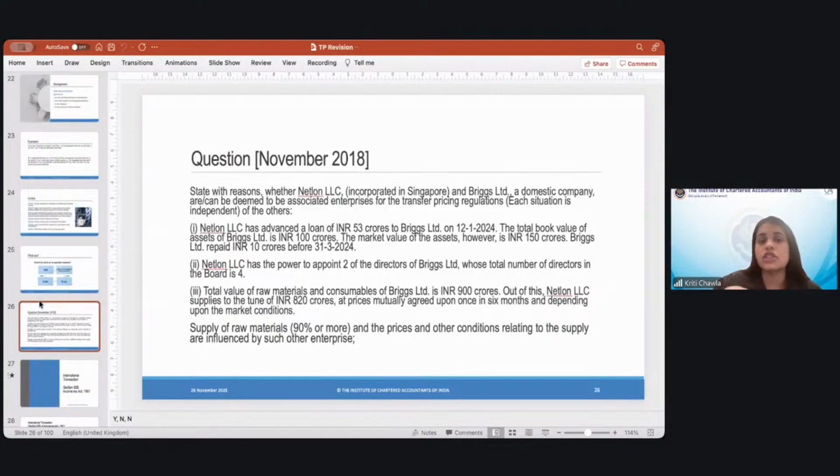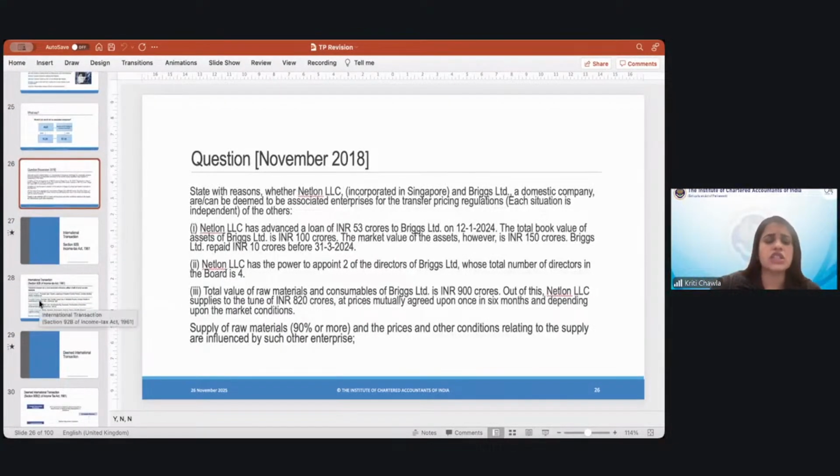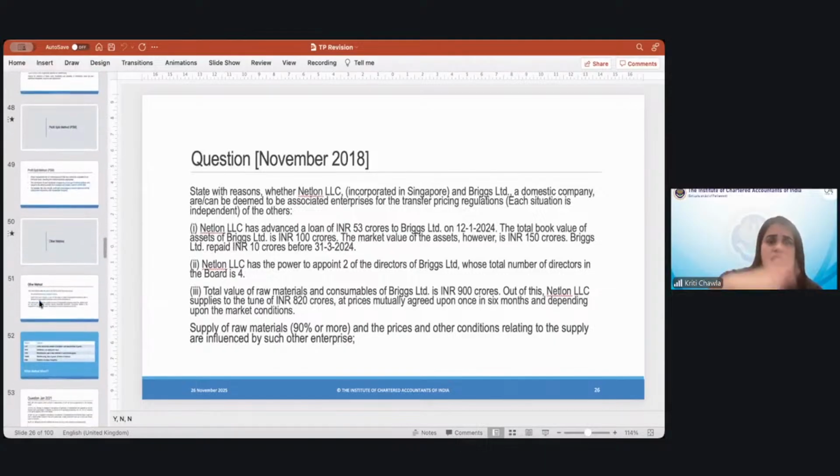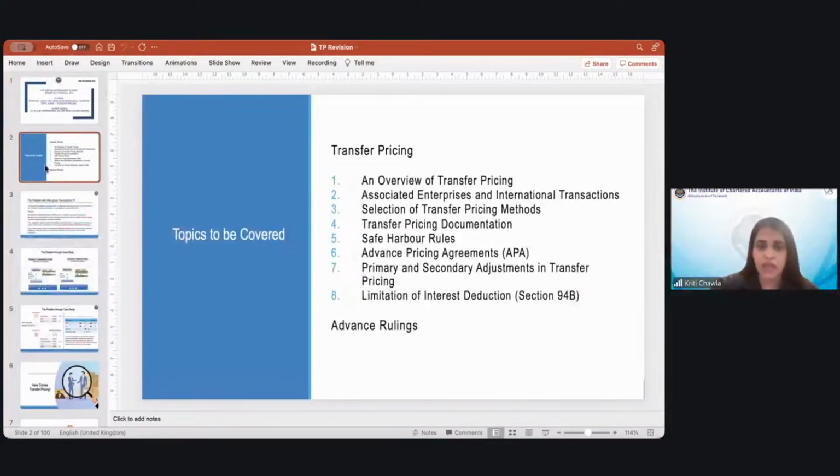So this is a question that came in for November 2018, and we will be talking about these questions also. So just to give you an idea, we'll be talking about the topic, discussing examples, and then I will be taking up questions from past papers. This is how I have structured all the topics for today.